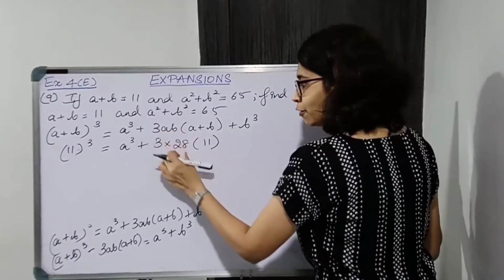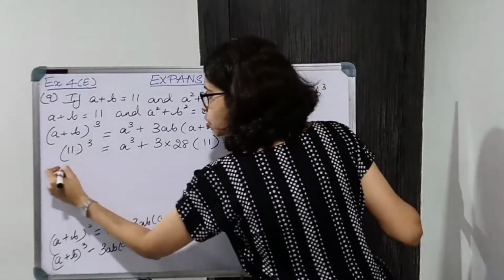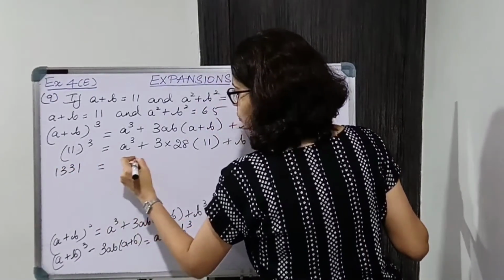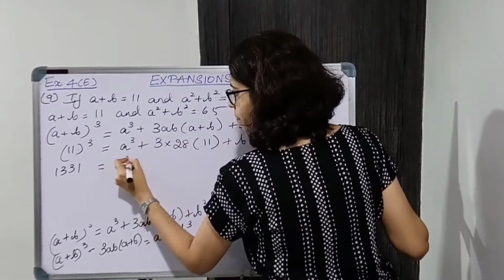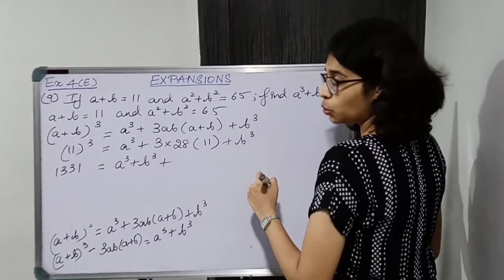We know the value of ab, we know the value of a plus b cube. So 11 cube is 1331 is equal to a cube and b cube will group, plus 3 11s are 33 into 28.